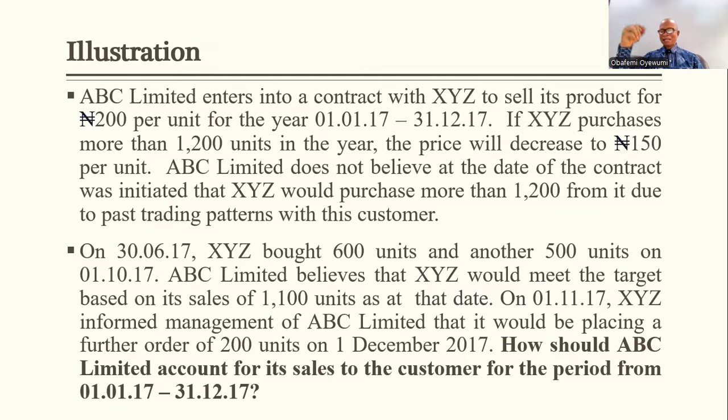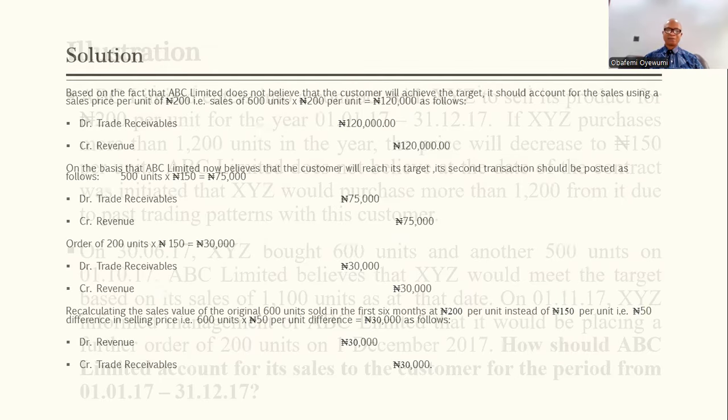And then he came back to say, I'm coming to buy more, 200 units on the first day of December. So let's look at what this will amount to in the records of ABC.